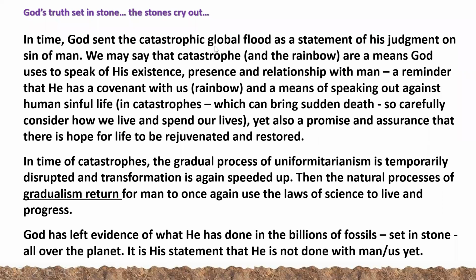We may say that the catastrophe and then the rainbow given by God after that are a means God uses to speak of his existence, his presence, and his relationship with men, which people under science refuse to acknowledge and choose to ignore. And that is a reminder that he has a covenant with us, that's the rainbow, and a means of speaking out against human sinful life.